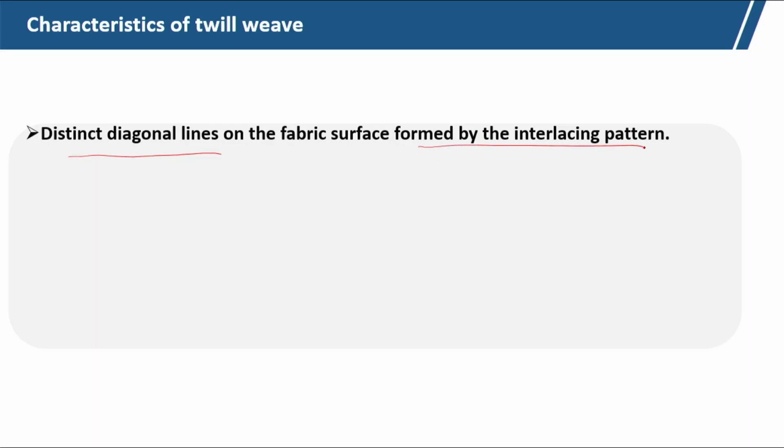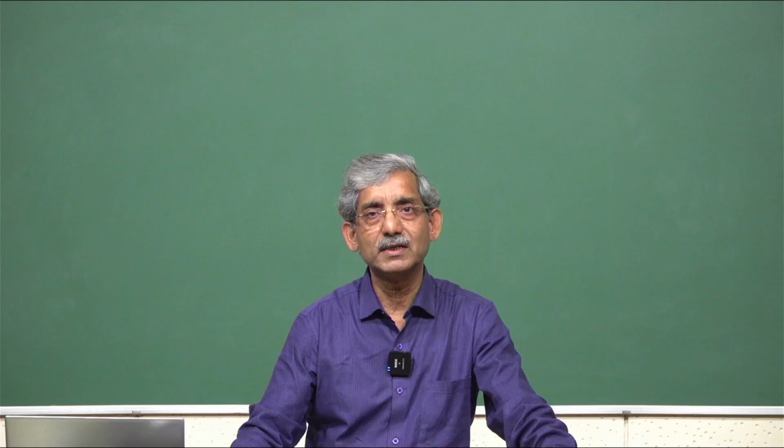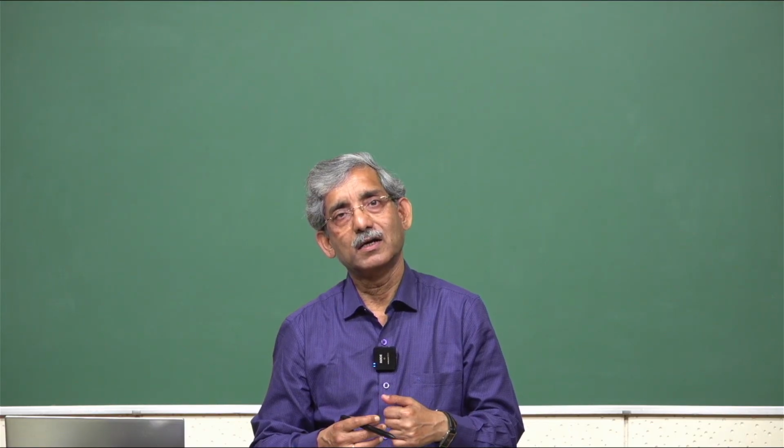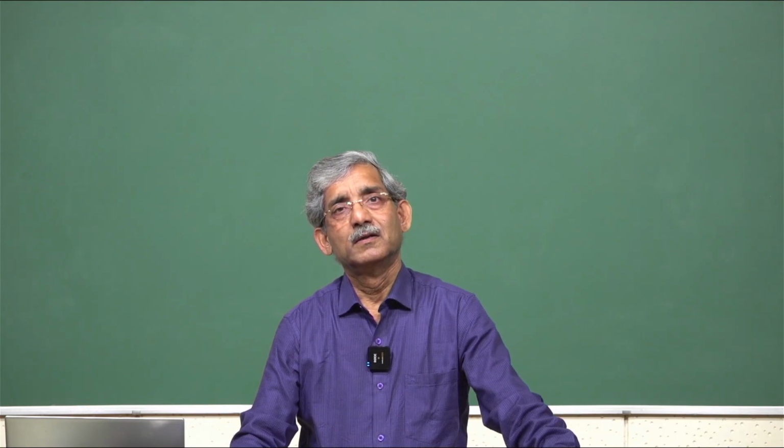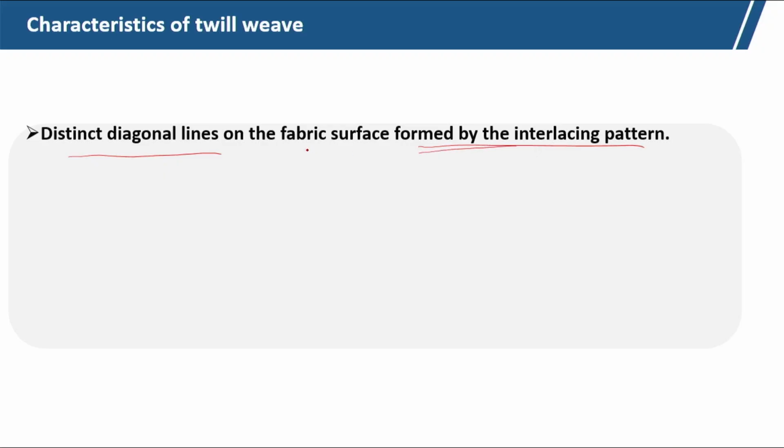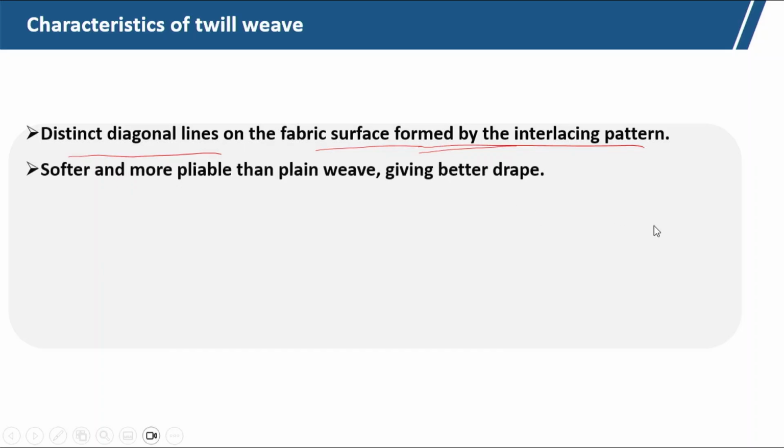So, cotton denim is normally very popularly used, and there in the twill design, softer and more pliable than plain weave, giving better drape. So, why twill weave is giving better drape? Because of the float, it has a less interlacement.